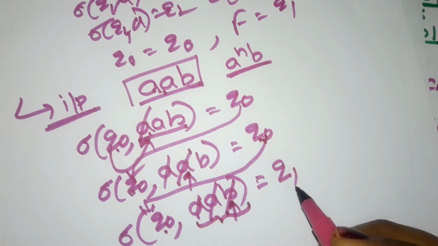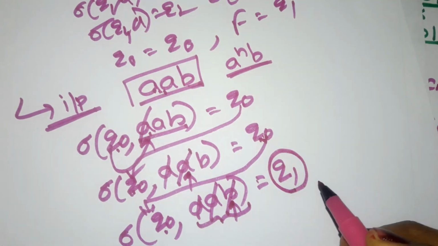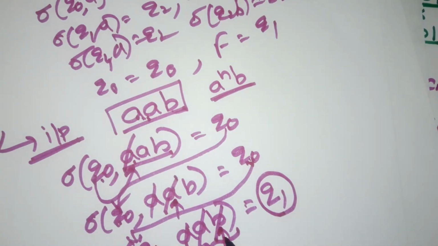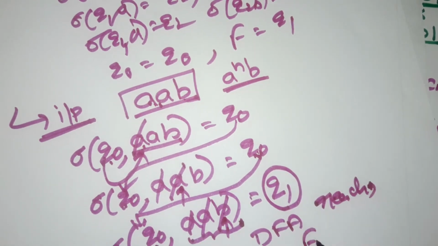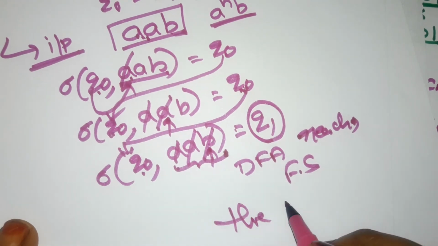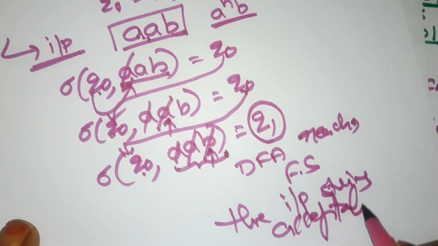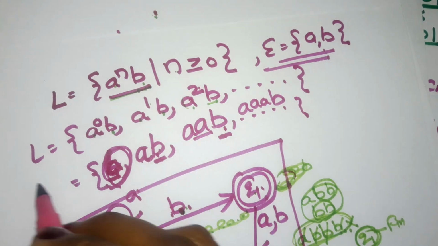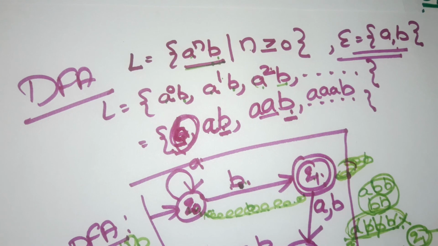After reading the entire input string, if the DFA reaches the final state, here q1 is the final state, then the input string is acceptable. Okay, this is a simple example for designing a DFA for the language L = a power n b. This is important.